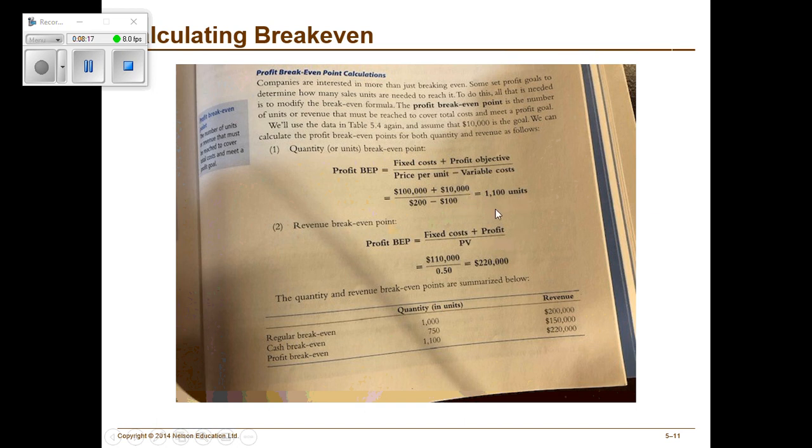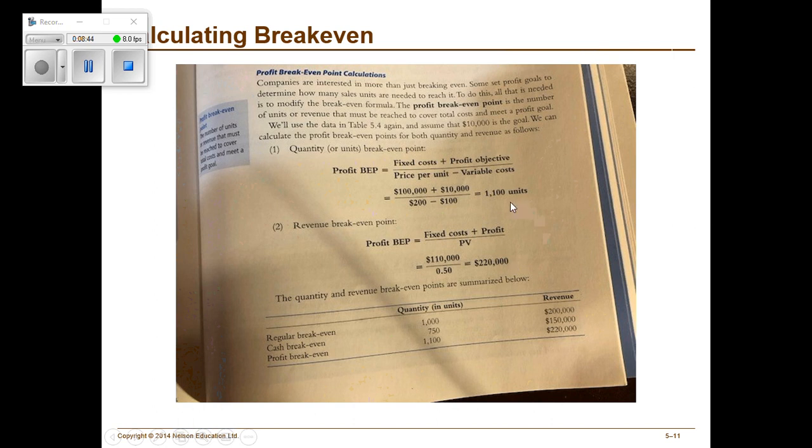Or looking at it in revenue, how much revenue do we need to earn? The profit break-even point is your fixed cost plus your profit, which is your 110,000, divided by your PV ratio of 0.5 or 50%, which is going to give you $220,000.